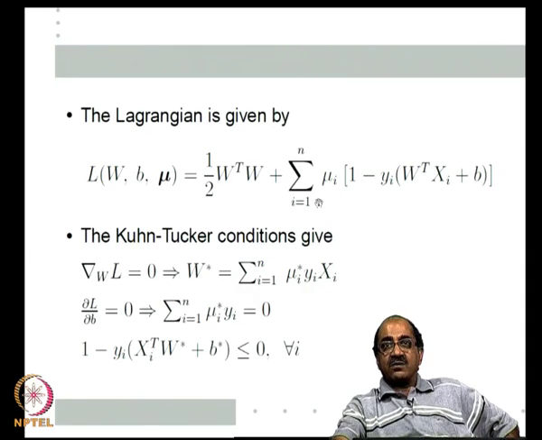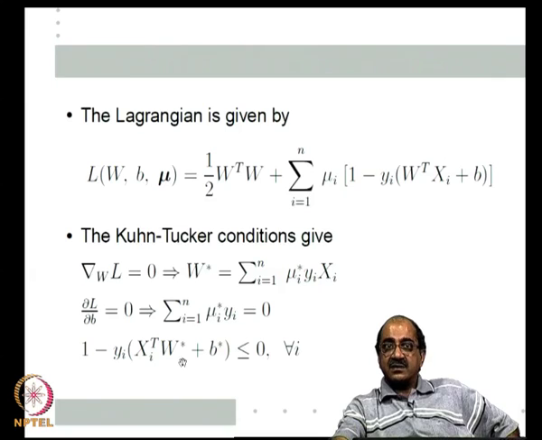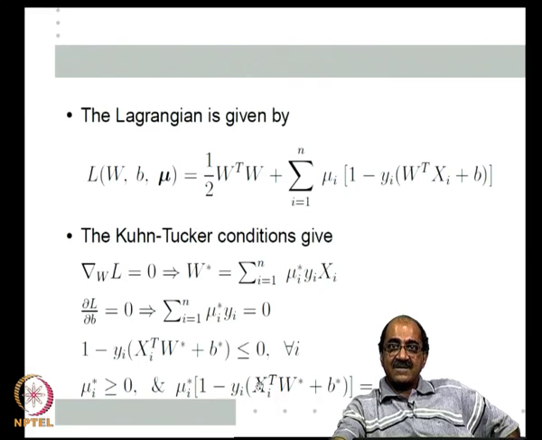Then the Kuhn-Tucker conditions also demand feasibility. So, for feasibility I need to have 1 minus y I into w transpose x I plus b star less than or equal to 0 for all I, and I need complementary slackness.